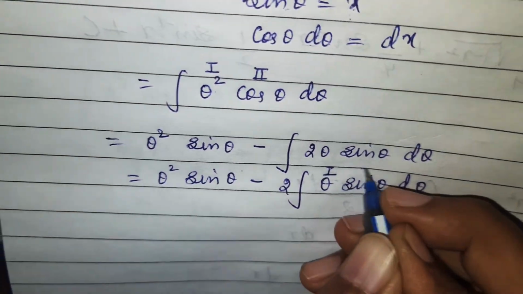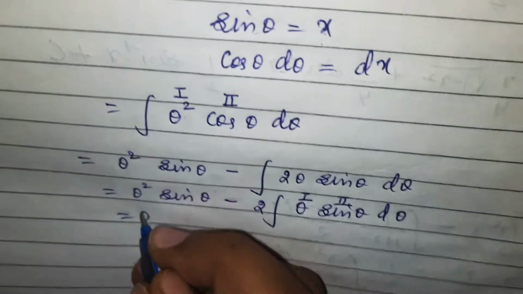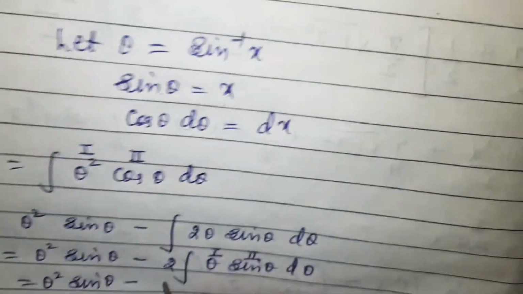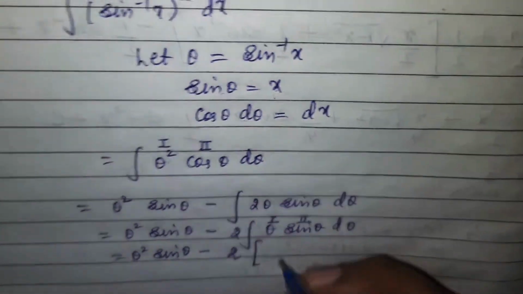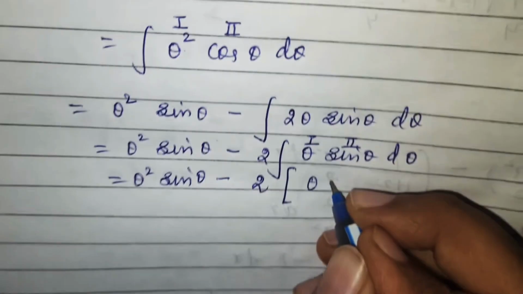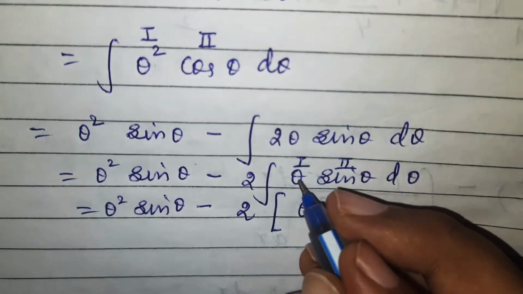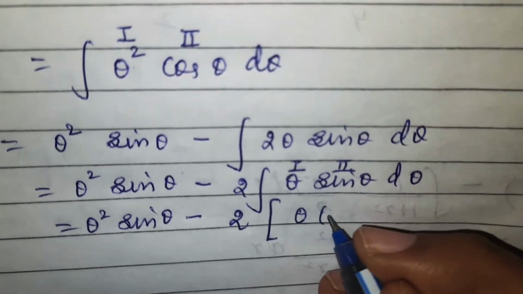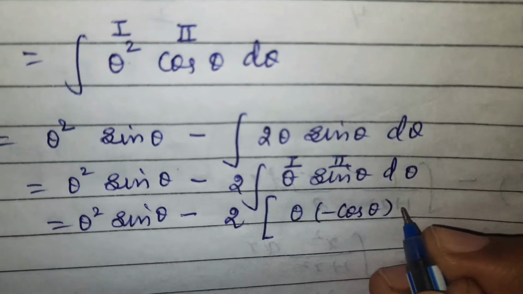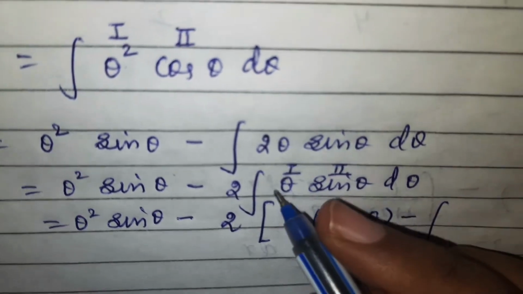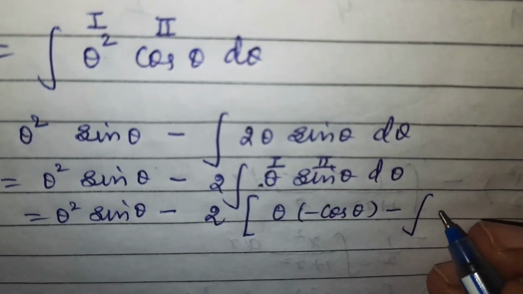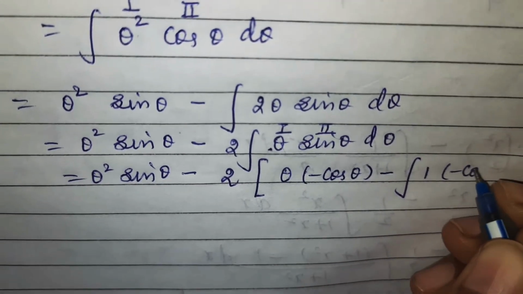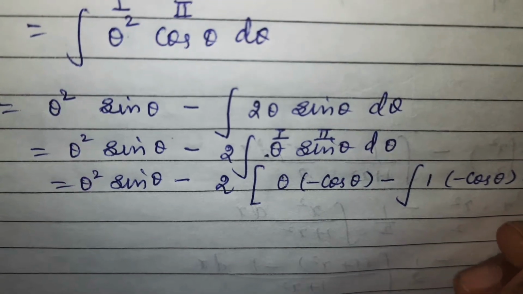Again this is your first function, this is your second function. So theta square sine theta, and I will be getting 2, first function same, integration of second function is minus cos theta, minus differentiation of theta with respect to theta, which will become 1, into minus cos theta d theta.